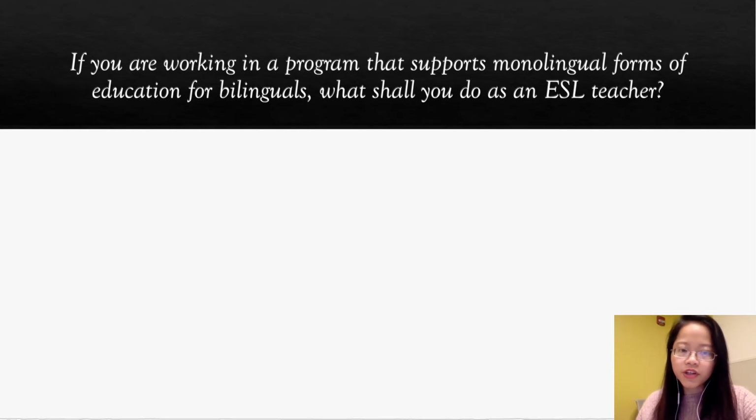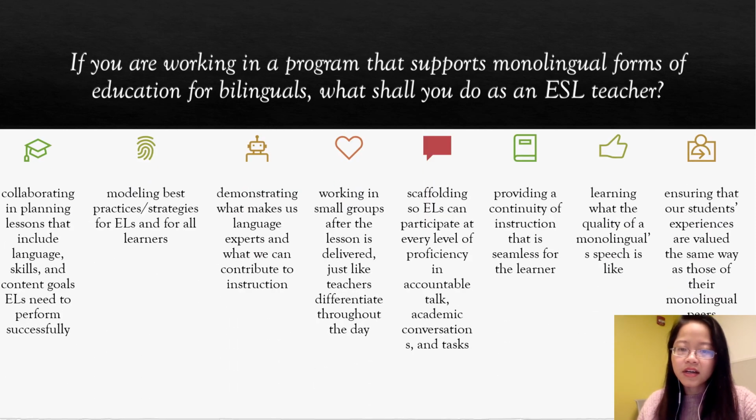So in the future, if you are working in a program that supports monolingual forms of education for bilinguals, what shall you do as an ESL teacher? So the expert teachers say that there can be some tips. First of all is to collaborate in planning lessons that include language skill and content goals that English language learners need to perform successfully.